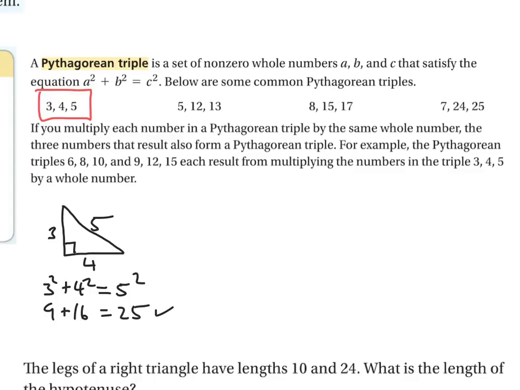One thing to notice though, like I said before, the hypotenuse is always the longest side. So when you look at these Pythagorean triples, 5 has to be the hypotenuse. 13 has to be the hypotenuse. 17 has to be the hypotenuse. And 25 has to be the hypotenuse. Okay? That's the only way they work. Why am I bringing this up?